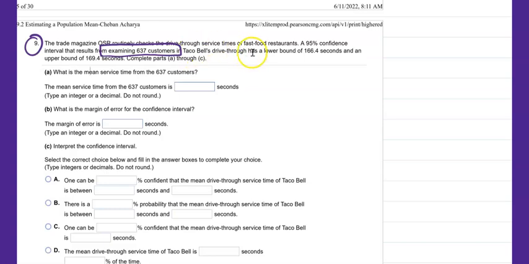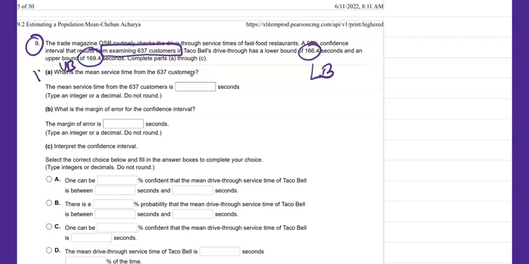In Taco Bell, the drive-through has a lower bound of 166.4, and an upper bound of 169.4. So the question is asking for the mean service time for 637 customers. Basically, mean service time for 637 customers means find the sample mean. So for part A, you have to find x bar.